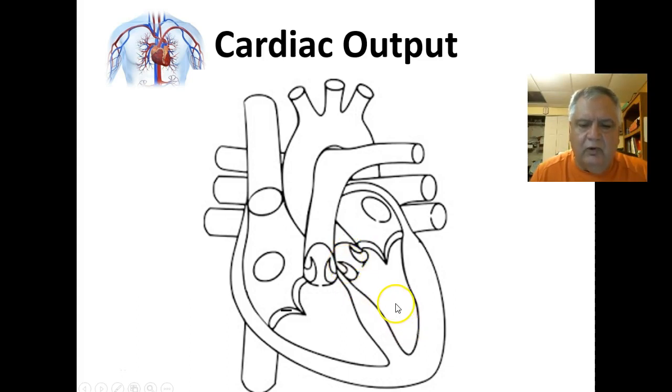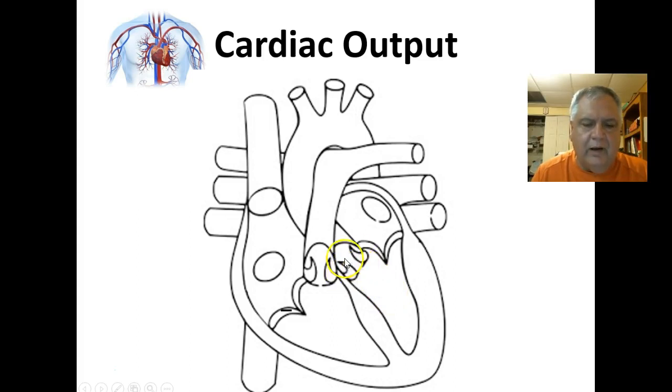When this ventricle contracts, it's going to take longer to get to 90 millimeters of mercury. Okay? The longer it takes, when that valve finally does open and the blood ejects out, there's going to be less time to eject as much blood. So the stroke volume would be lower.